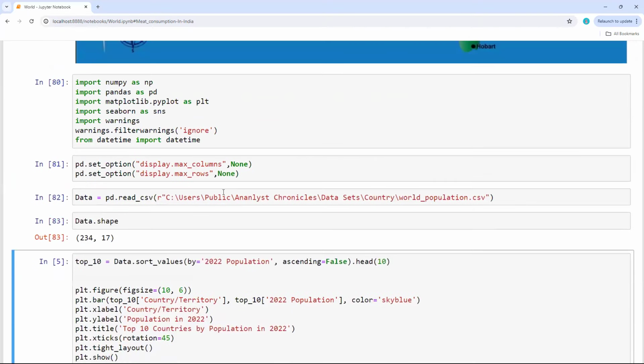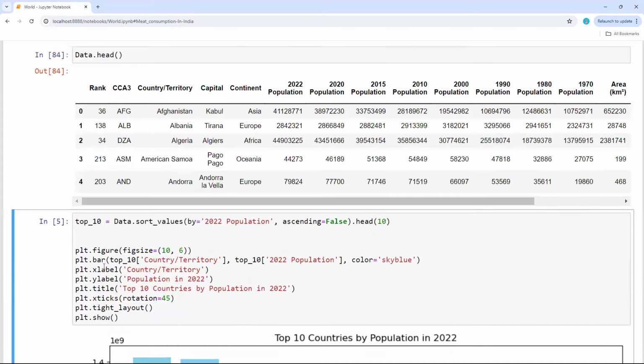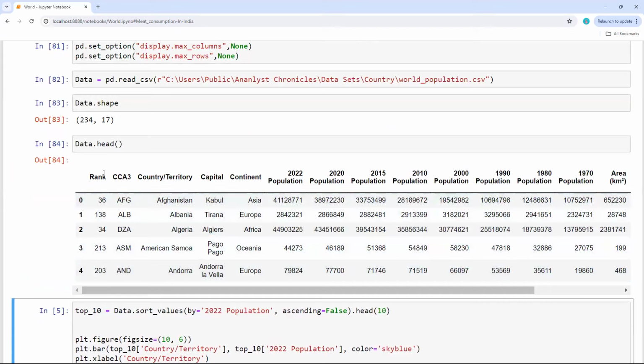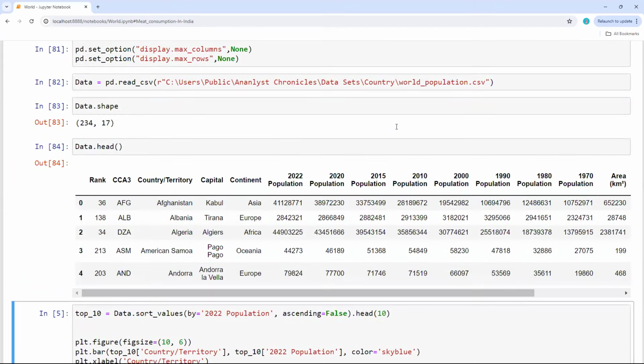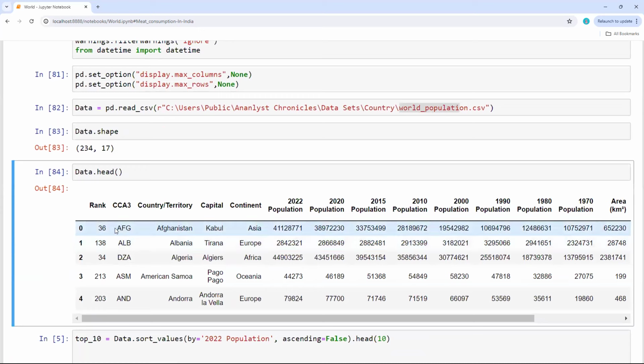Now let me have a look at the data first, so that we'll be able to understand it. Okay, so we have the rank, which is about the population. Here you can see the data set is world population and country-wise rankings. For example, if I take Afghanistan, AFG, it is at 36th rank, with India being the number one country.